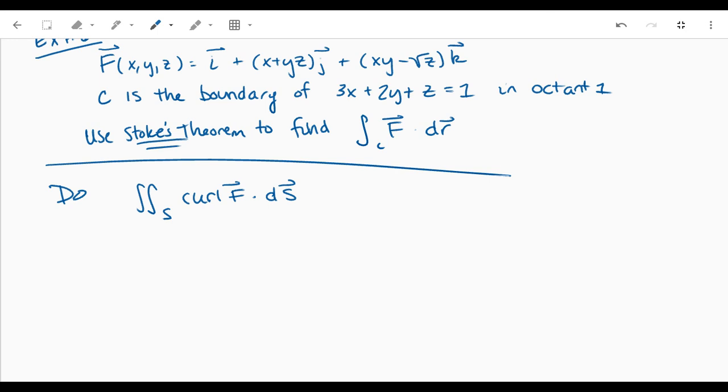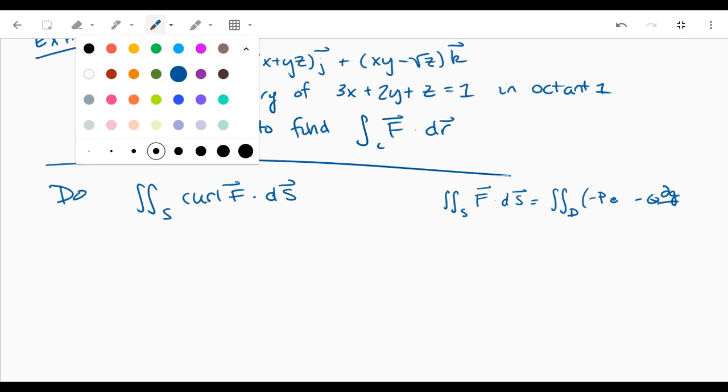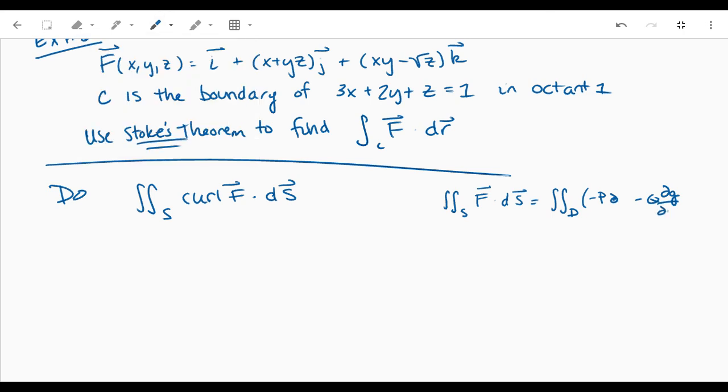And then we're also going to use that equation from 13.7 that I showed you, where the integral over the surface of f dot ds is the same as the integral over the region of negative p dg dx, oops, sorry, I'm going to fix that, negative p dg dx minus q dg dy plus r dA.